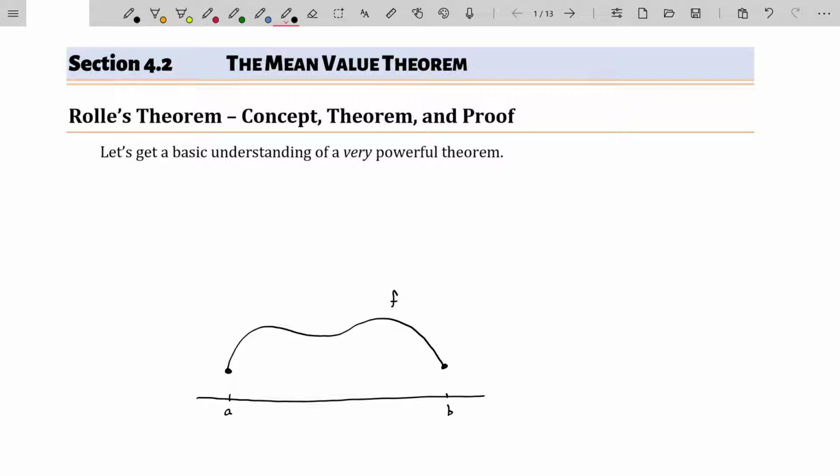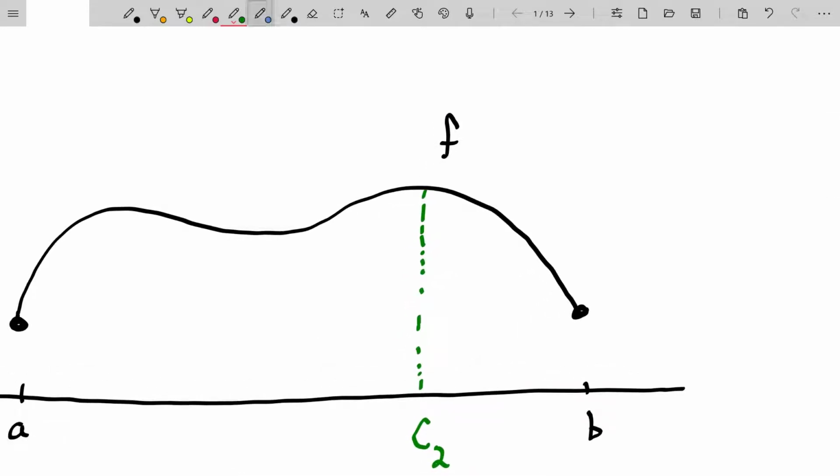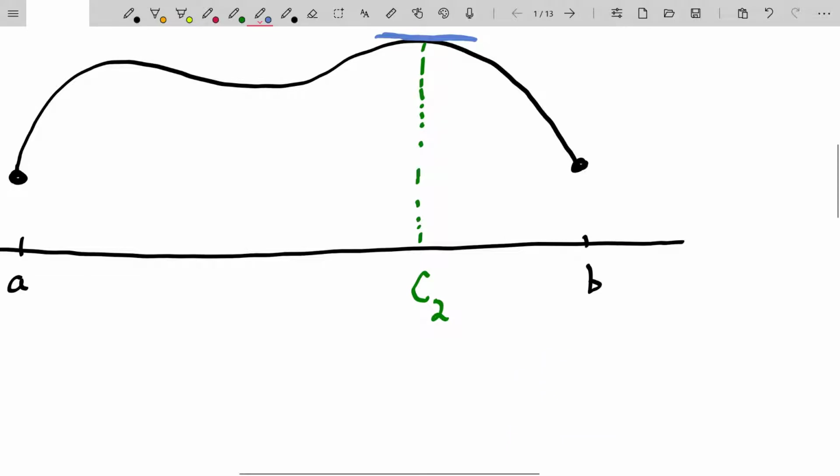But as long as it's differentiable as well, then there must be some point between A and B, and I'll show you one point that satisfies the theorem, that point right there. I'll call that C sub 2. There's some point between A and B where the tangent line to the curve at that point has slope 0. That is, f prime at some point between A and B must be 0.